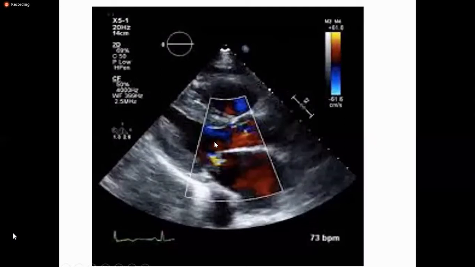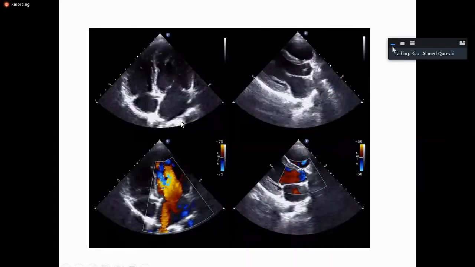The movement of blood in the heart is shown as blue and red. Whenever there is turbulence, like stenosis or shunts, we see a mixing of colors like yellow, orange, and green. That is the significance of turbulence.